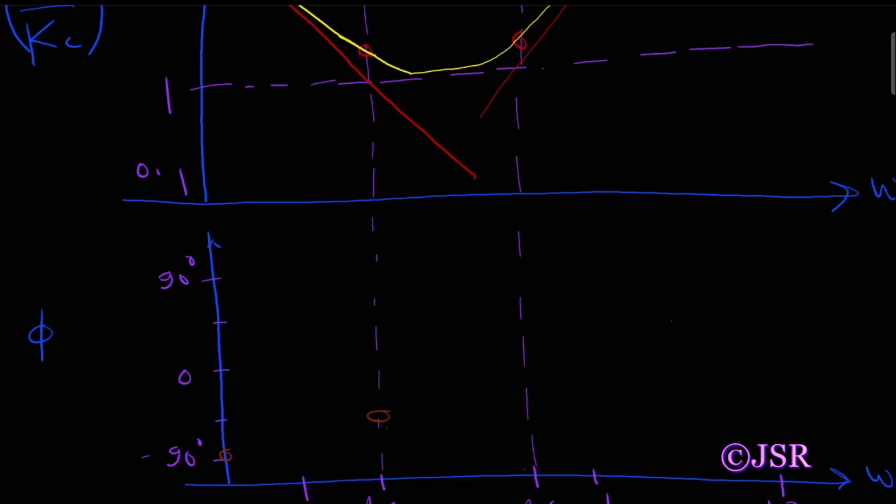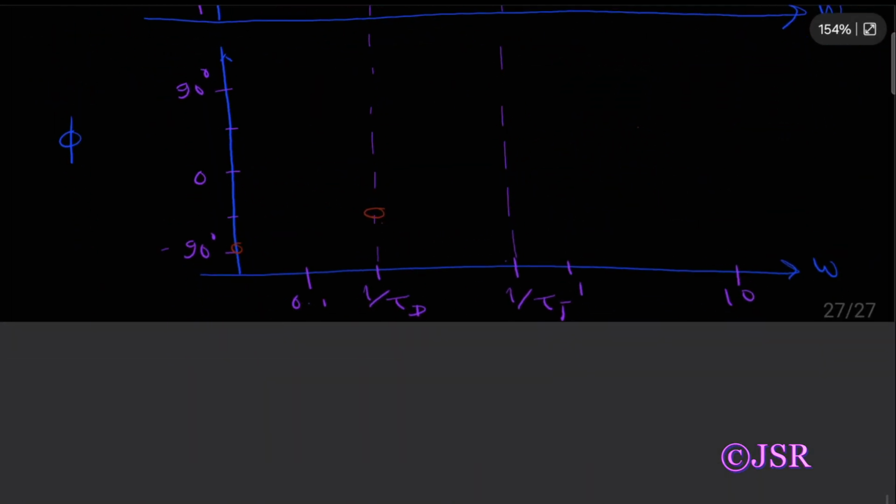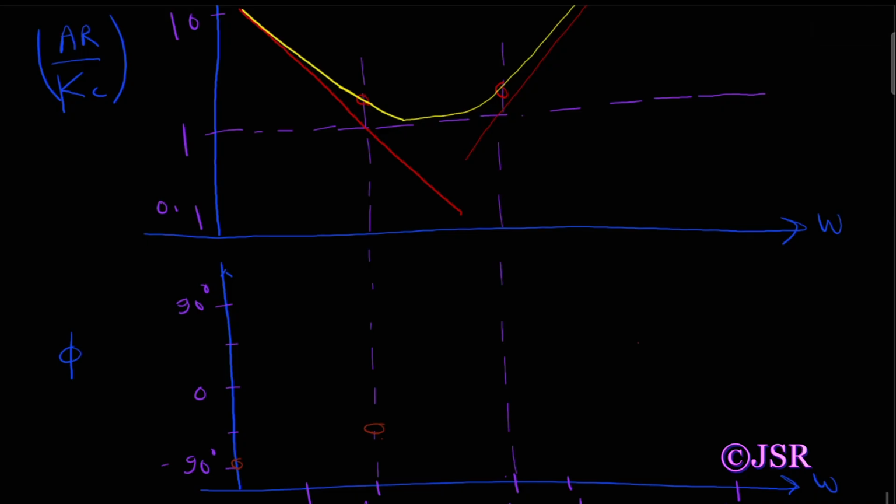And when omega equal to omega I, in that case this will be plus 45 degree. So this will be 45.